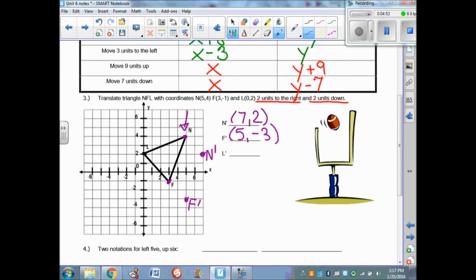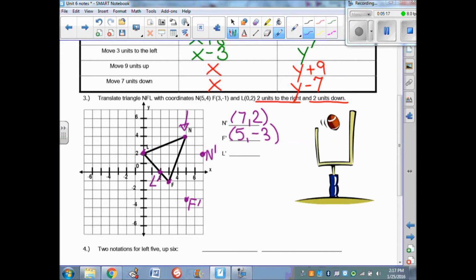Now I've got to finish it up. I've got to move L. L is over here, and I've got to do the same exact thing to it, because we're moving this whole triangle 2 units right and 2 units down. So I go 2 to the right and 2 down, and where do I end up? That is my new point, and that is L prime.